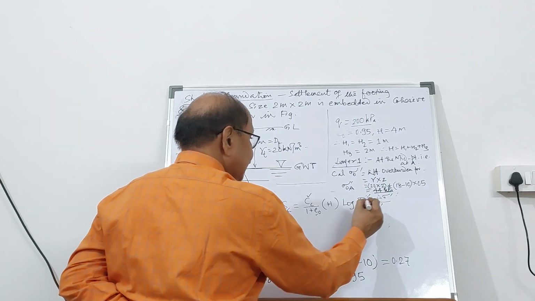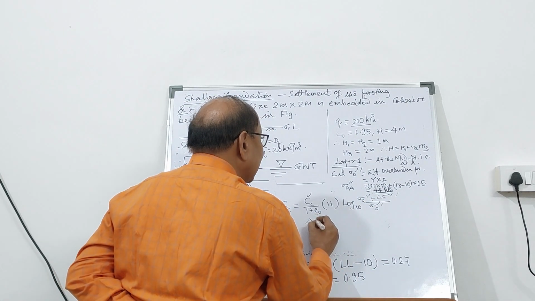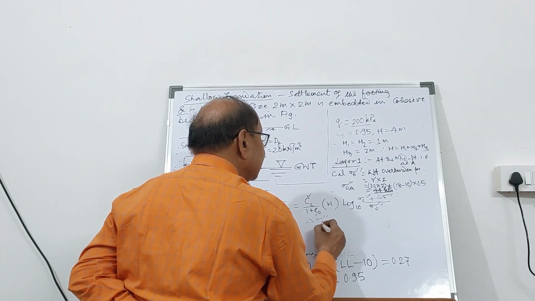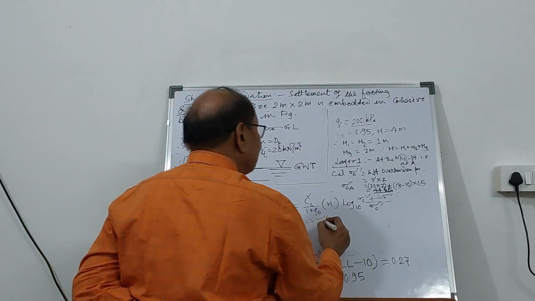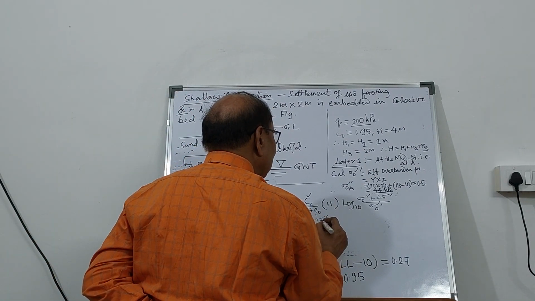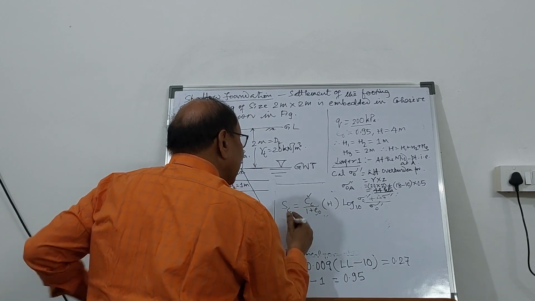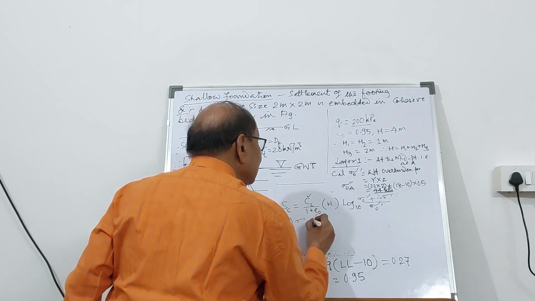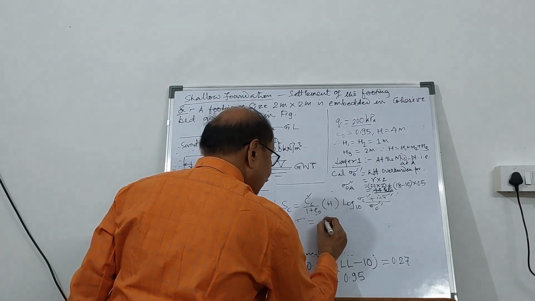So calculate delta sigma prime at point A. So delta sigma prime for layer 1 can be computed now. What is the intensity of loading?